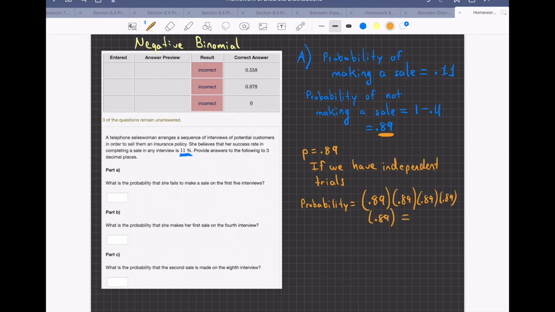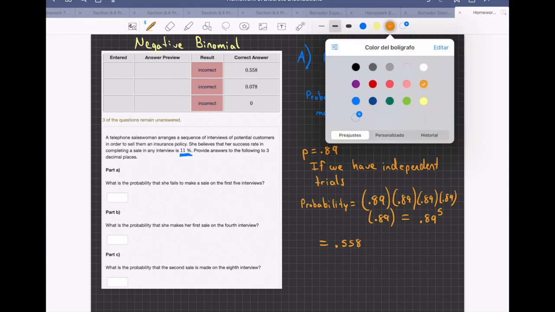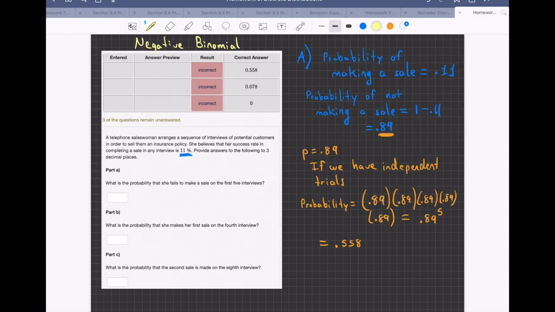Or what is the same, 0.89 raised to the 5. And if you do it, you will see that the answer is 0.558. In this case, so far, we don't need any negative binomial.